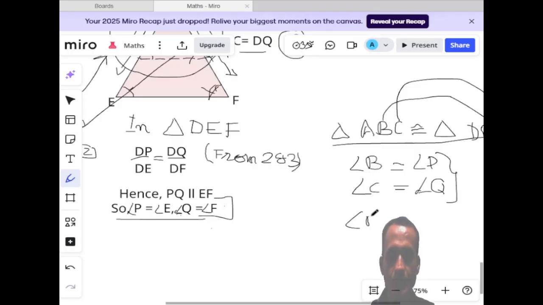Angle B is equal to angle E, and angle C is equal to angle F, and we are already given that angle A is equal to angle D.